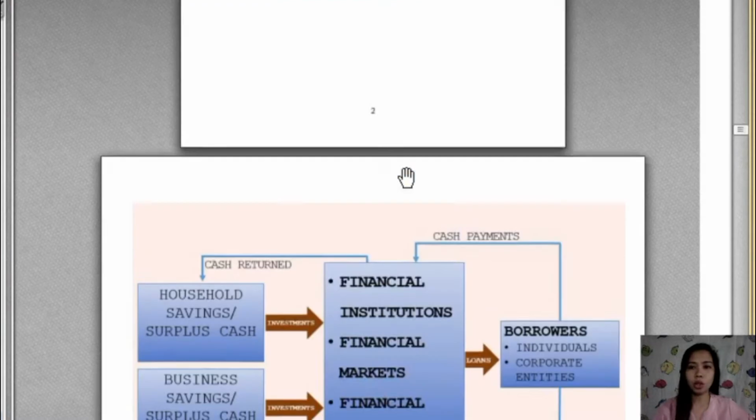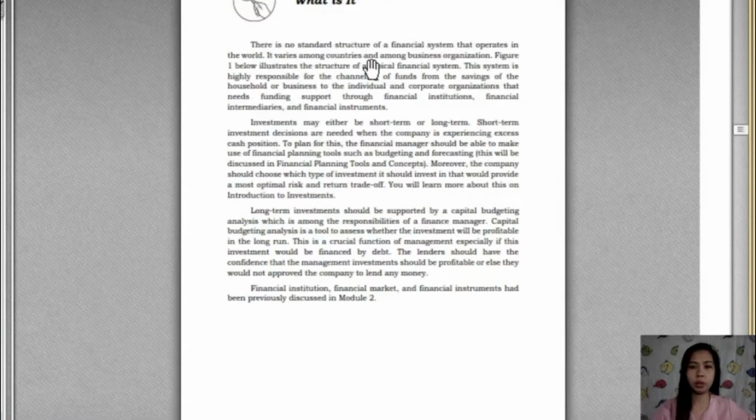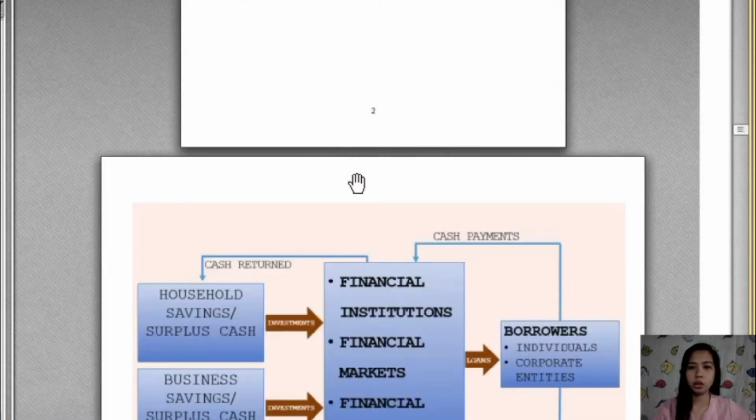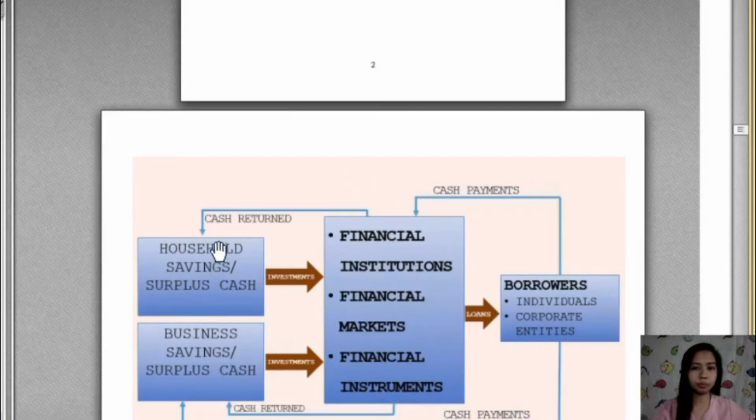Okay. So, as per the description, when a household or business has savings or excess or surplus cash, ipinupunta nila sa mga investment. So, the financial institution, financial market, financial instruments, which were discussed in module 2, doon sila napupunta.